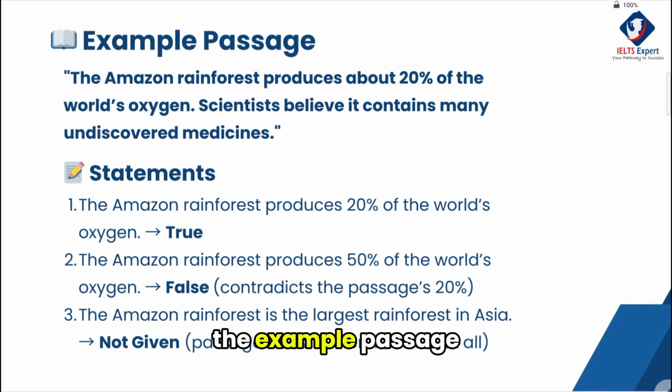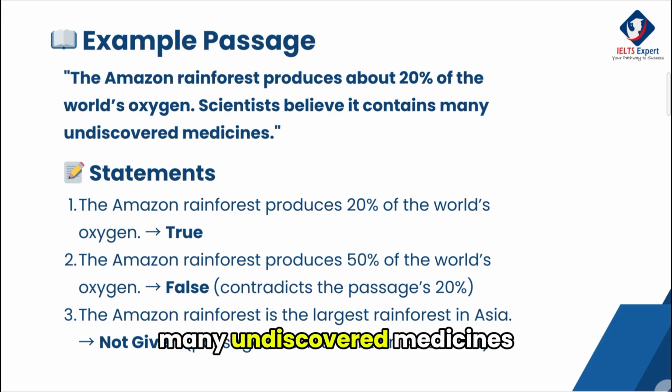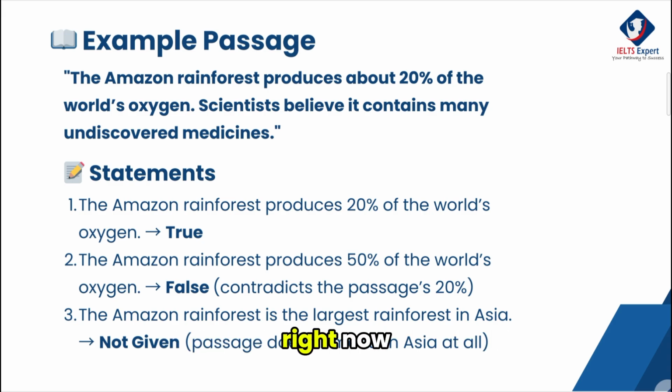Now look at the example passage. The Amazon rainforest produces about 20% of the world's oxygen. Scientists believe it contains many undiscovered medicines. Now, what are the statements? The first statement says the Amazon rainforest produces 20% of the world's oxygen.